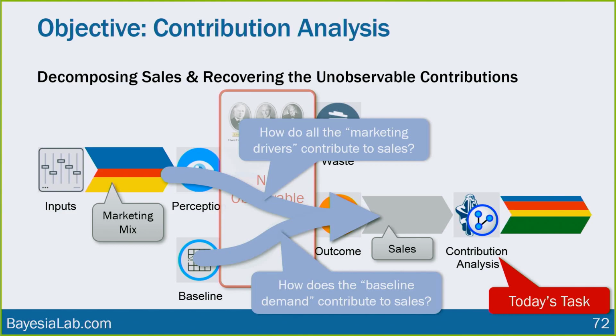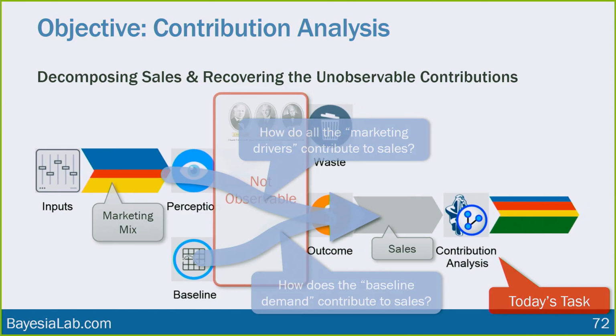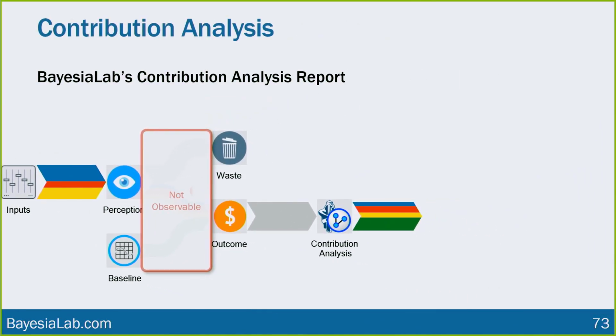So we have now decomposed how all the drivers contribute to sales, or in our case, we've just used this hypothetical example, but translating this back to our marketing domain, the contribution analysis gives us what is not directly observable in terms of what is happening in the consumer.